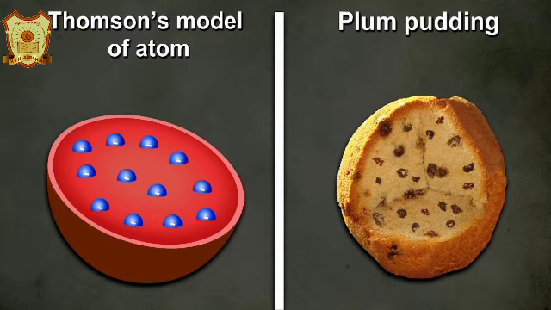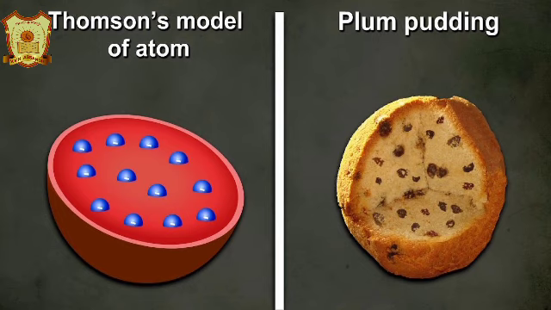Similarly, in J.J. Thomson's model of atom, he said the same, like this red part in this figure. This is protons, or we can say this is the positively charged sphere, and these blue balls that are represented, they are electrons. So J.J. Thomson said that in a sphere of positive charge, electrons are embedded in an atom, just as cherries or dry fruit are embedded in the cake, or you can say the cherries are distributed in the Christmas pudding.